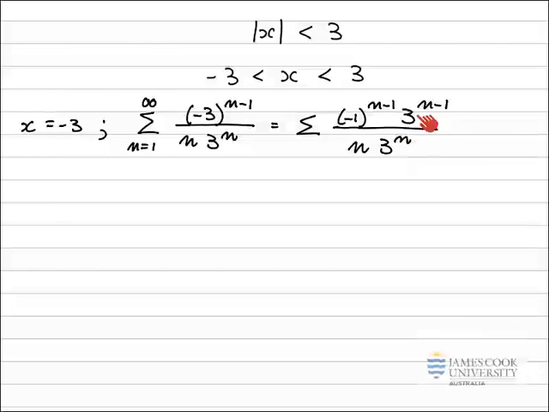We've got n minus 1 3 factors on the top and n of the 3 factors on the bottom. So everything on the top will cancel and we'll be left with a single 3 on the bottom line. That has nothing to do with n now, so it can come in the front of the summation. And we get that's 1/3 times the sum of (-1) to the n minus 1, all divided by n.